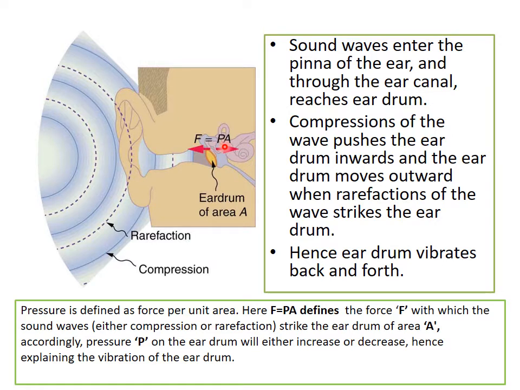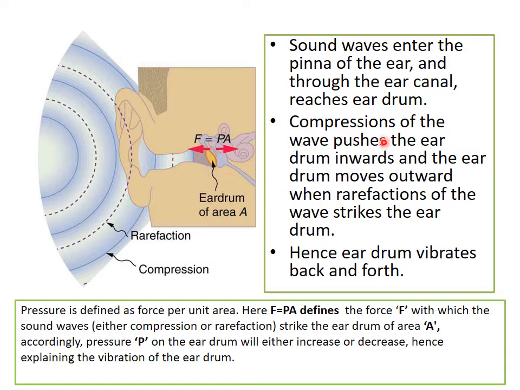Because the sound waves have compressions and rarefactions, the movement of the eardrum can be explained through the equation F = PA, where F is the force, P is the pressure and A is the area. Through this, we can tell that sound waves strike the eardrum of area A with a force F, hence creating a pressure P on the eardrum, and hence the eardrum vibrates.